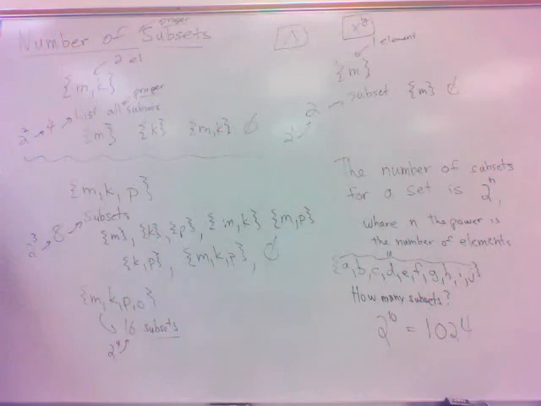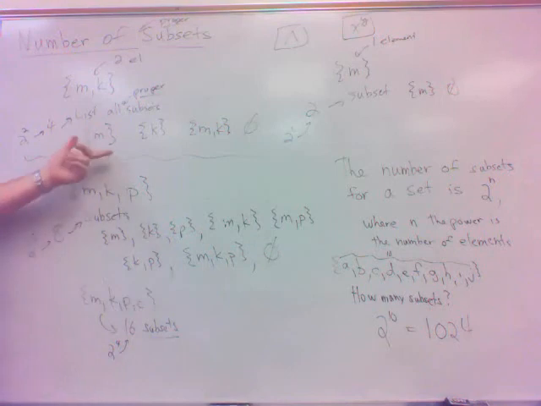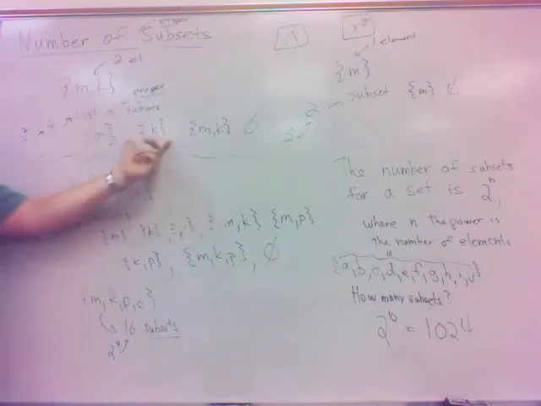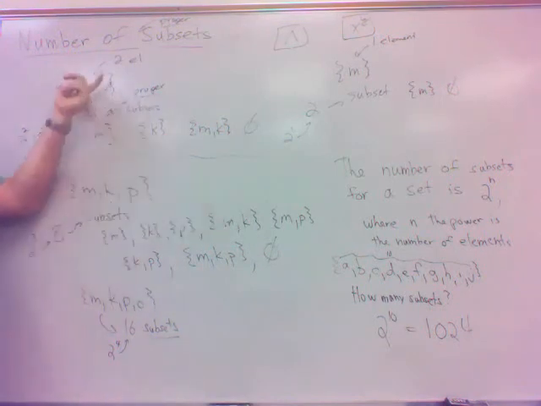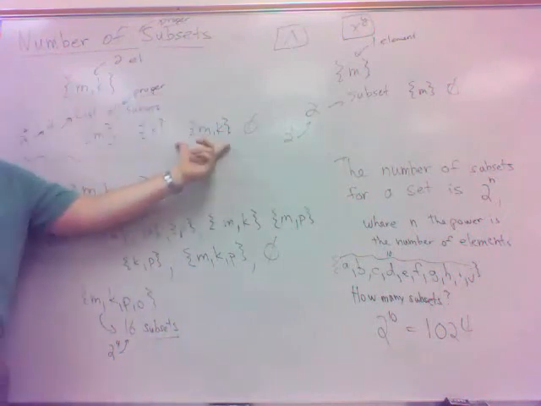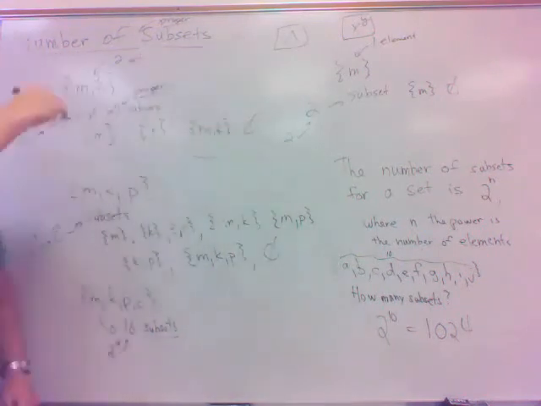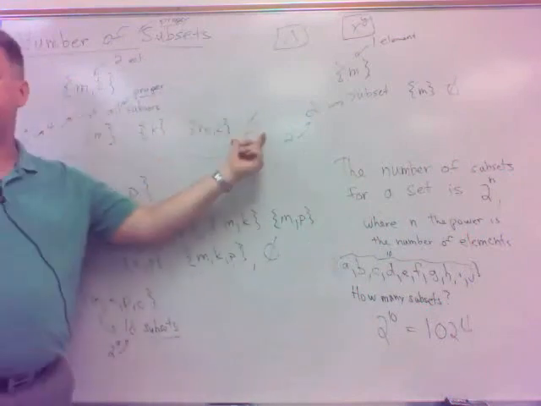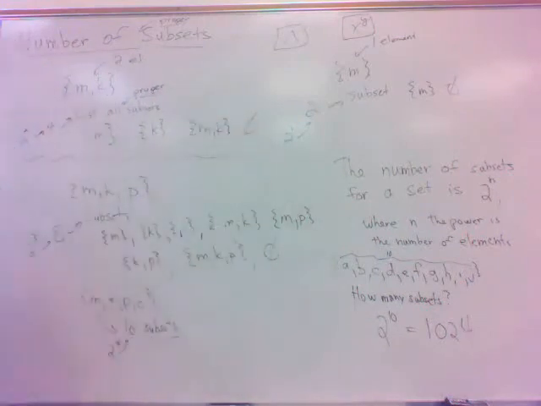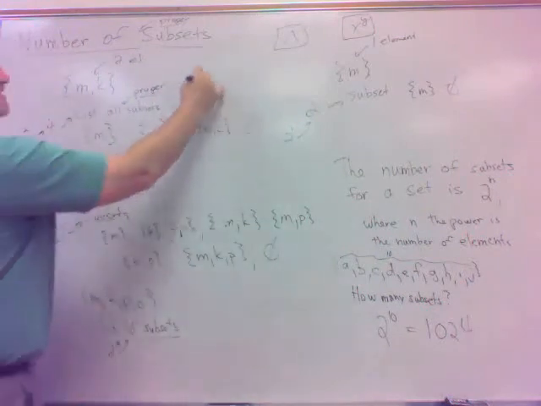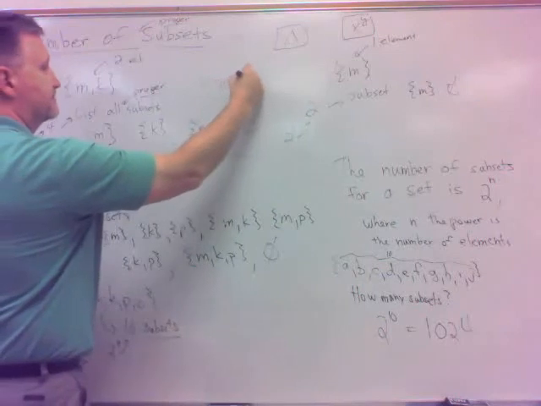Remembering the deal with a proper subset: to be a proper subset, it has to be a subset, but smaller. So is this a proper subset? Yeah, it's a subset and it's smaller. Is this a proper subset? Yes, because it's smaller. Is this a proper subset? No, because it's not smaller. Is this a proper subset? Yes. So there's 3 proper subsets in this case.